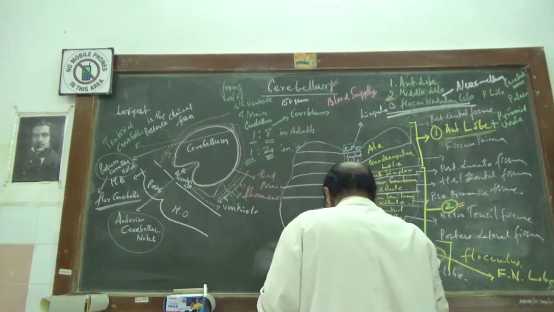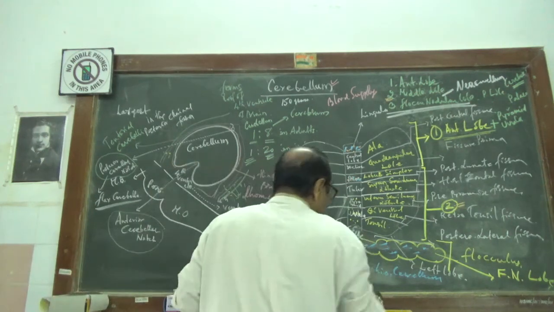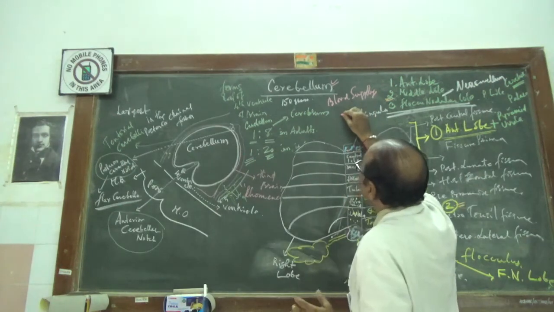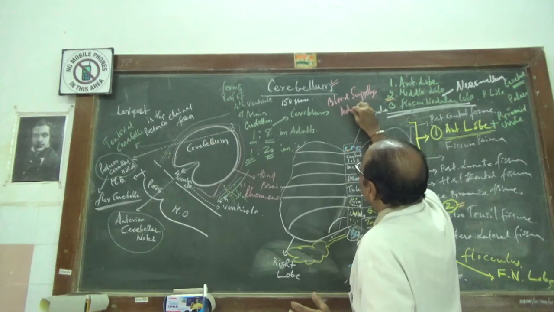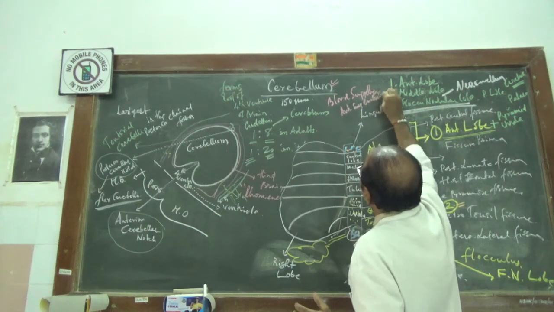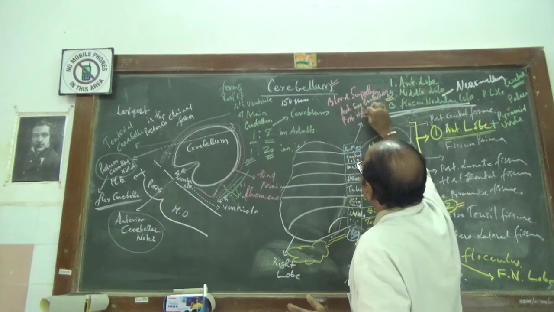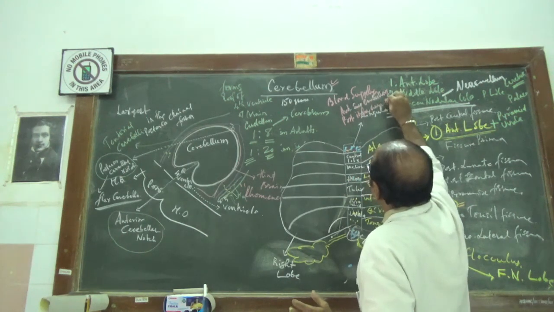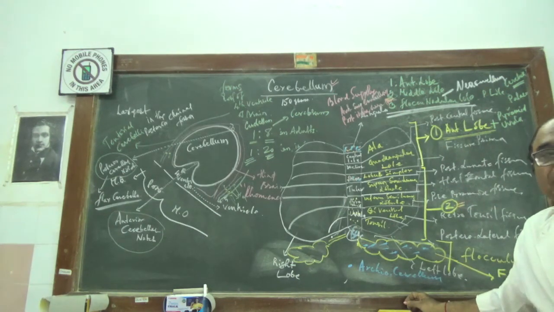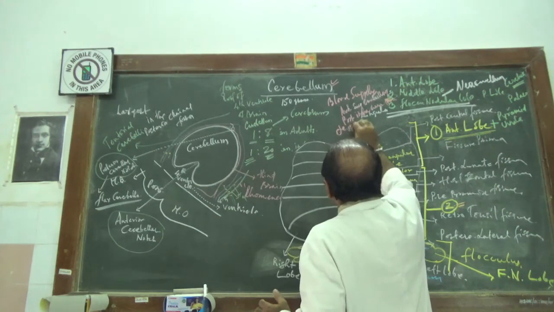For the cerebellum, it is by the cerebellar arteries, that is the antero-superior cerebellar arteries and postero-inferior cerebellar arteries, which are the branches of the circle of Willis.